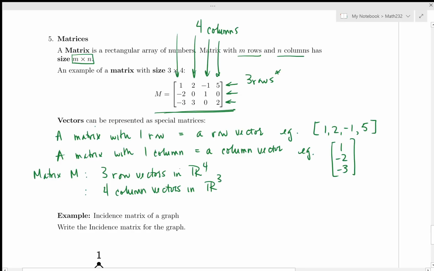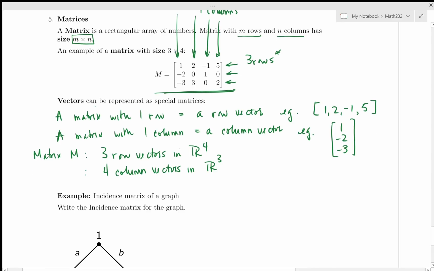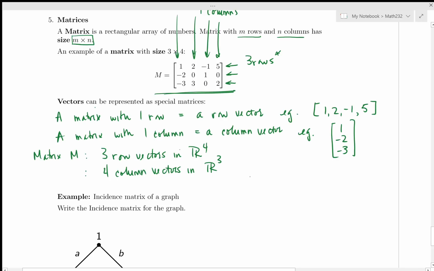Okay, so that's a possibility, a way of thinking of a vector, a row vector, a column vector, and we've also seen the comma delimited form. We have earlier just been using what we would call the comma delimited form.